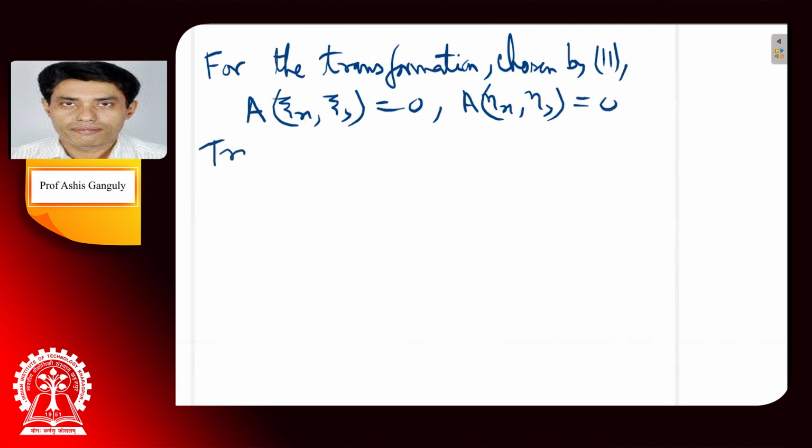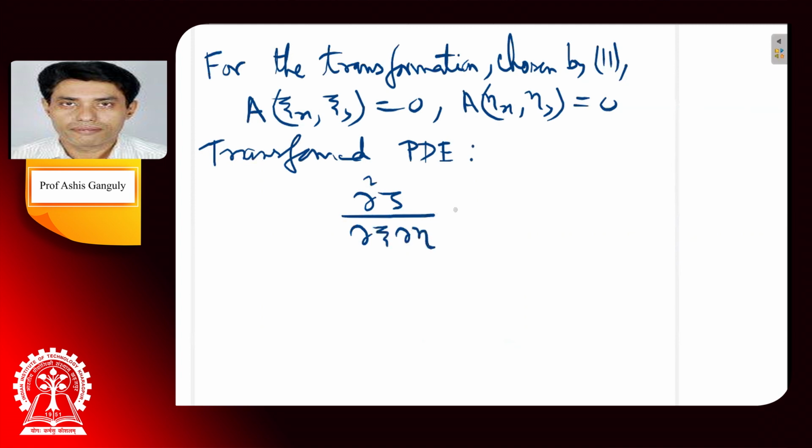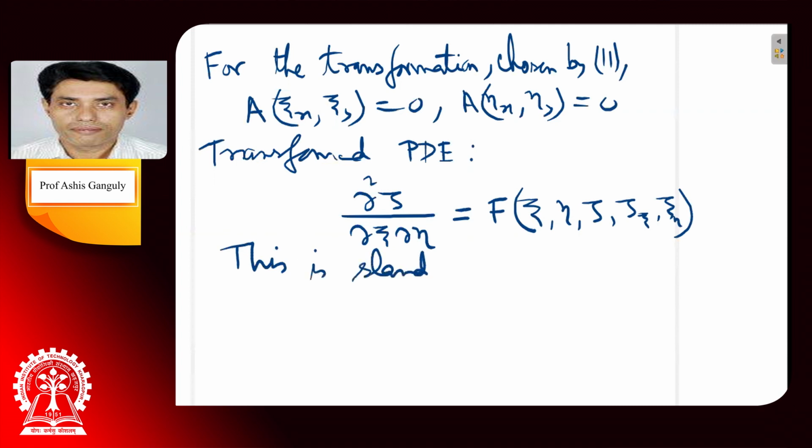So that means the transformed PDE is now del square zeta by del xi del eta equal to some function f, which is a function of independent variables, dependent variable, and first order derivative terms, zeta_xi, zeta_eta. So this is the standard form of hyperbolic PDE.